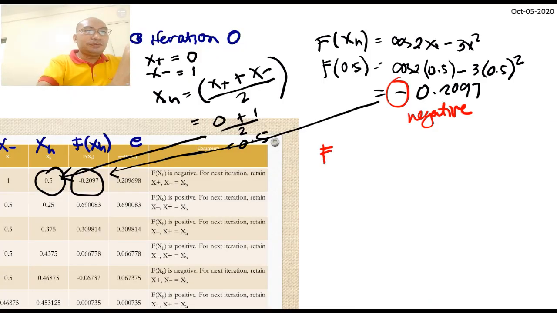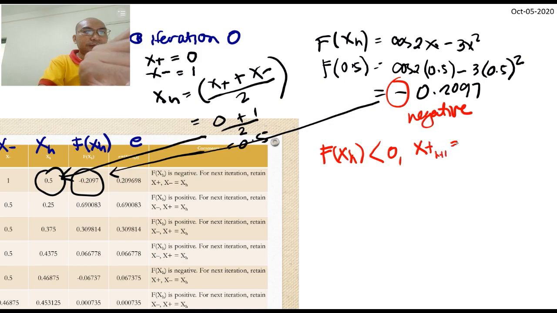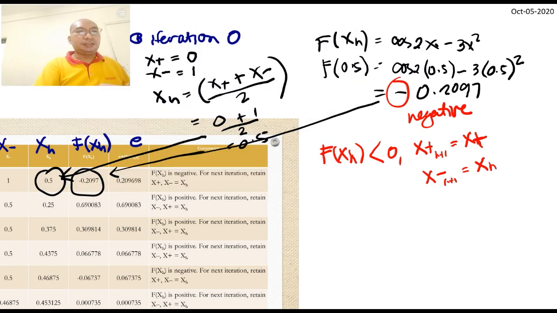If negative, if the function of x sub h is less than 0, your x plus at n plus 1 will retain, so we'll retain the x plus, and your new value for x minus at n plus 1 will be equal to xh.